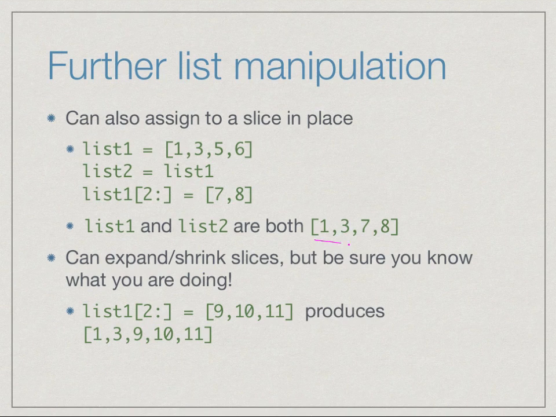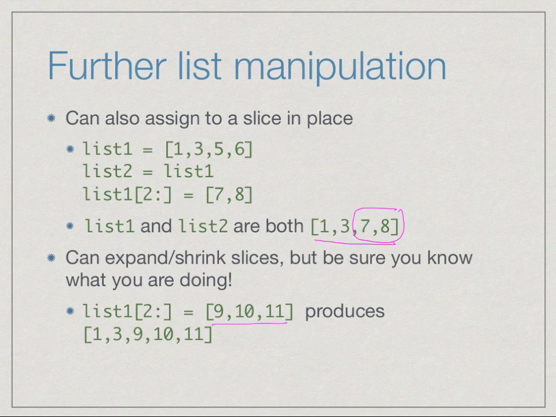Now let us say we have this list 1, 3, 7, 8, and again we want to take the slice 2 onwards, which has 2 positions, and we can say replace it by a list with 3 values. Okay, so we are saying take this list, take the slice from 2 to 3, the last 2 positions, and replace with 3 values, and what we get is the old 1, 3, and this slice has now become 9, 10, 11. So we had a 4 element list, it's become a 5 element list. So this is one way to expand a list in place using a slice.